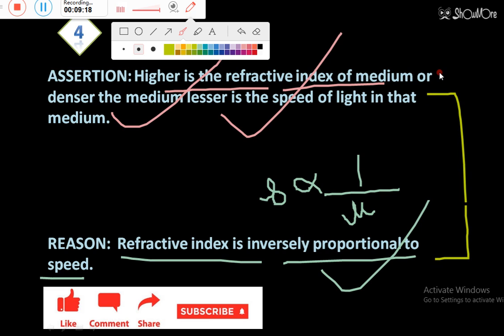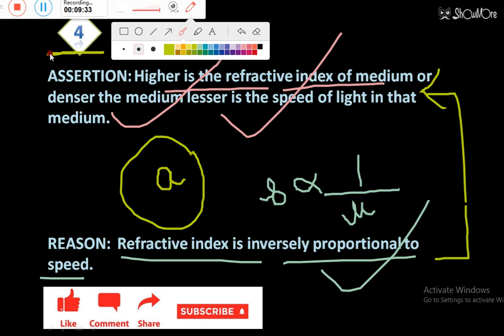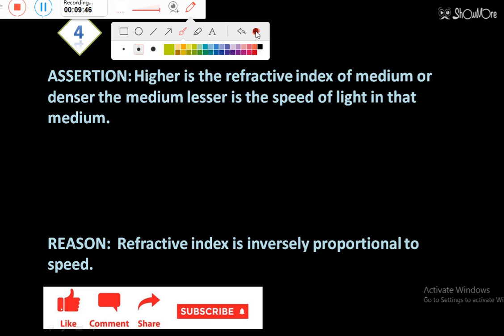So for this question the right answer will be option A. Both assertion and reason are true, and reason is the correct explanation of assertion. So in this way students, you are supposed to find the answer for assertion reasoning questions. Let's move to the fifth question now.